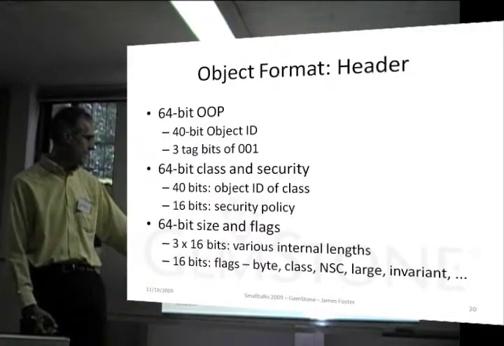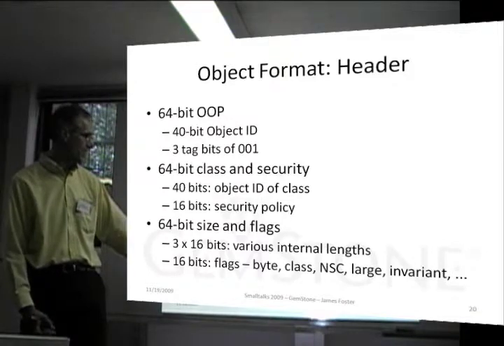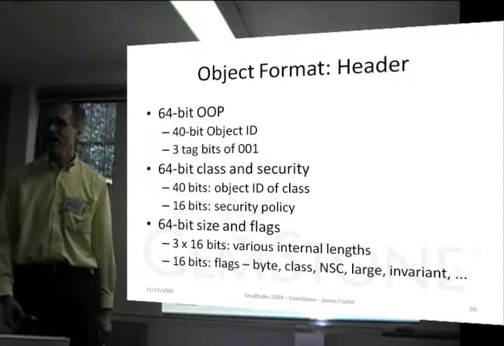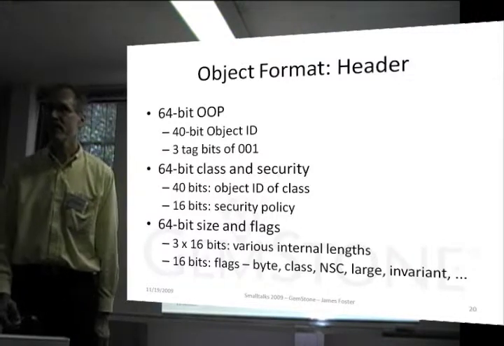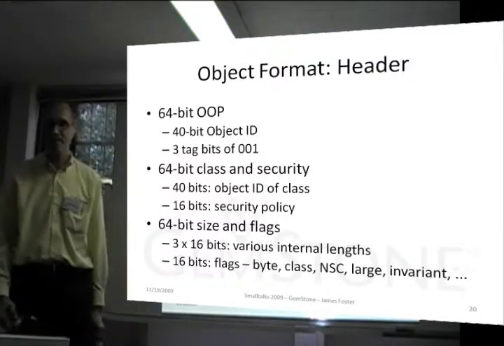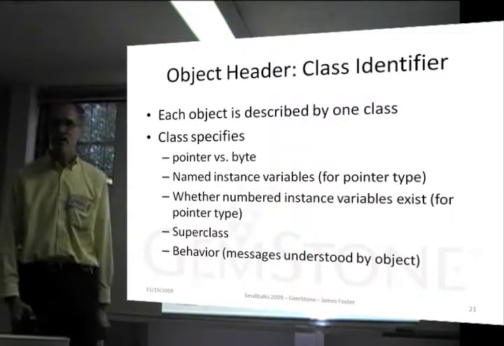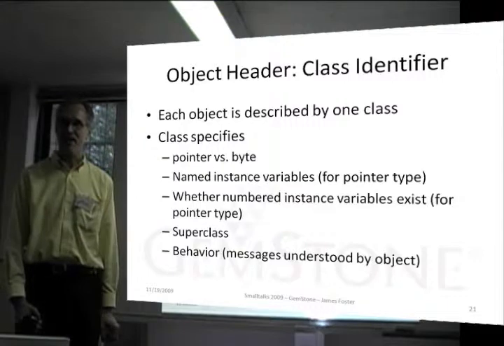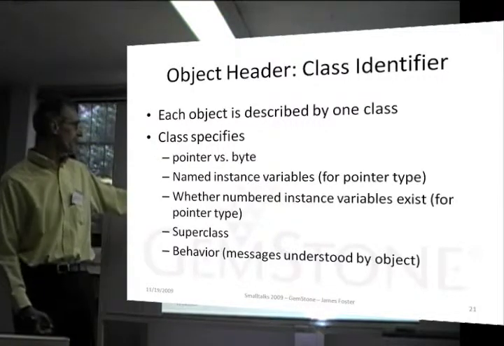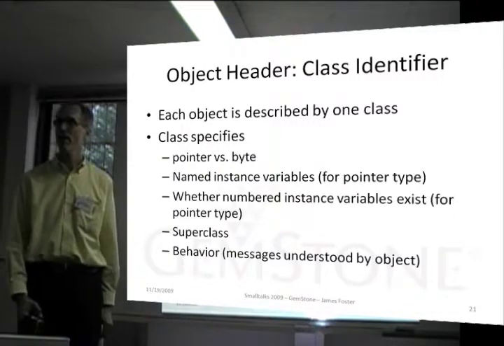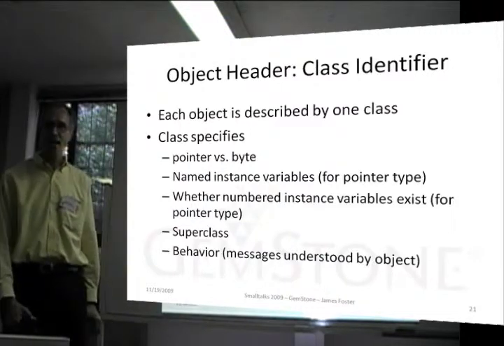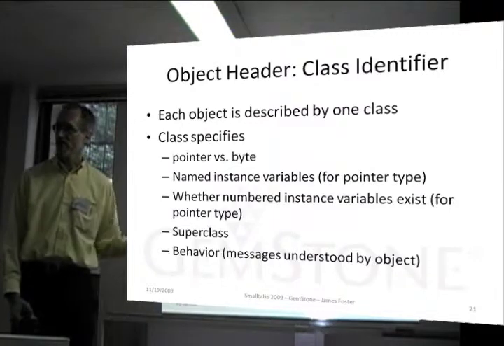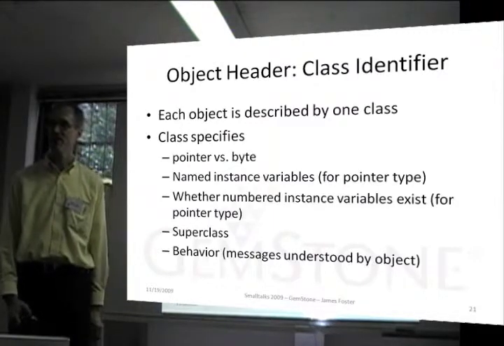Then a 64-bit word of size and flags. There's various lengths and flags. Is this a byte object? Is it a class? Is it invariant? We support invariant objects, which cannot be modified. There's a class identifier. Each object is described by one class. And the class tells us whether it's a pointer object or a byte object. The class tells us the named instance variables. Of course, it has to be a pointer object to have named instance variables.